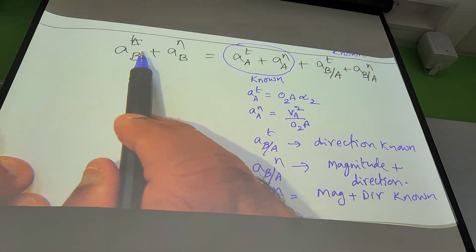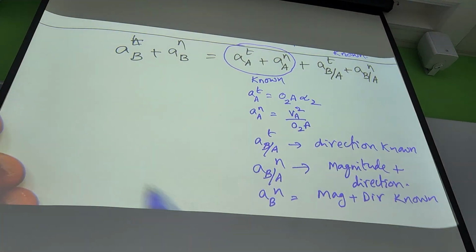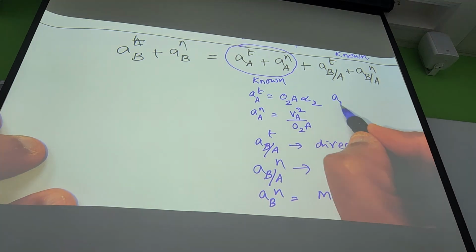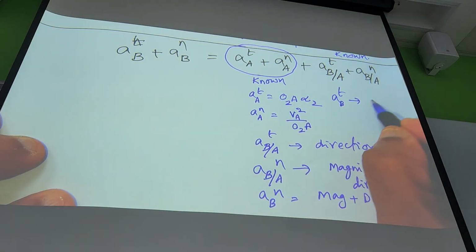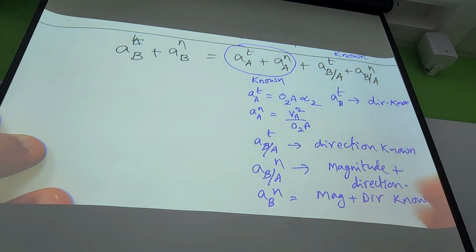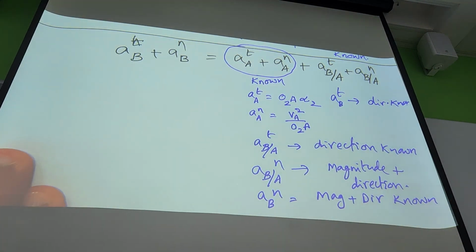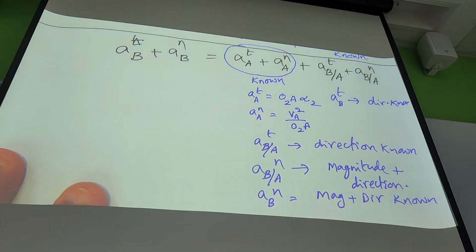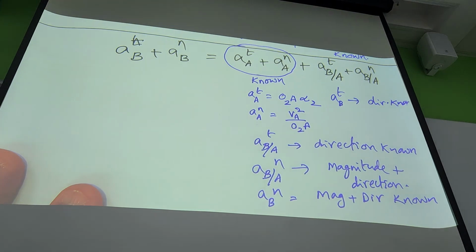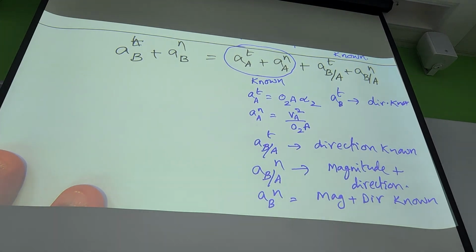So B tangent, you know direction. Okay, direction normal. So that leaves us to calculate only the magnitude of B tangent plus the magnitude of BA tangent.